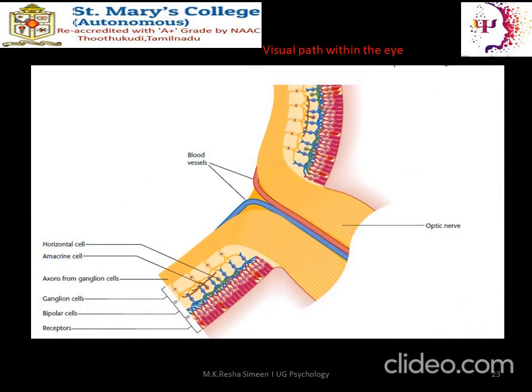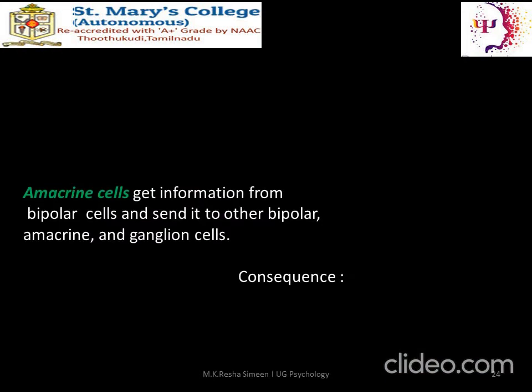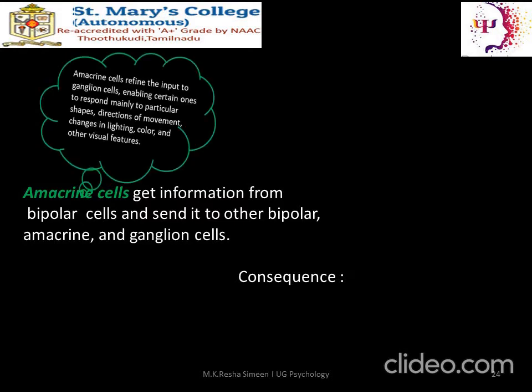Amacrine cells receive input from bipolar cells and send it to bipolar and ganglion cells. Amacrine cells refine the input to ganglion cells, enabling certain ones to respond mainly to a particular shape, direction of movement, change in lighting, color, and other visual features.